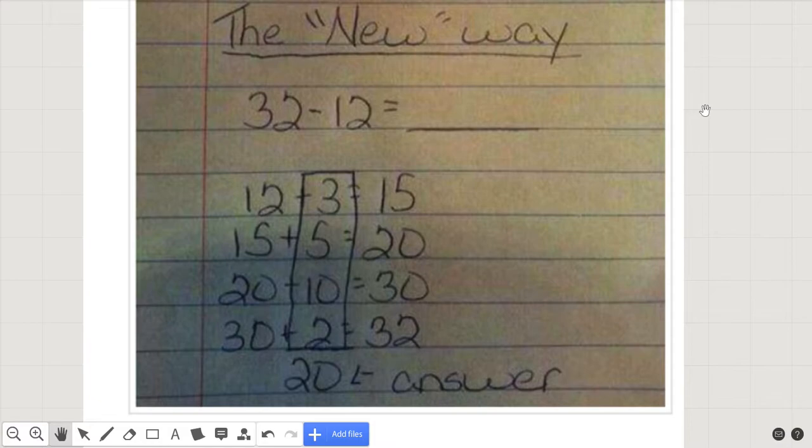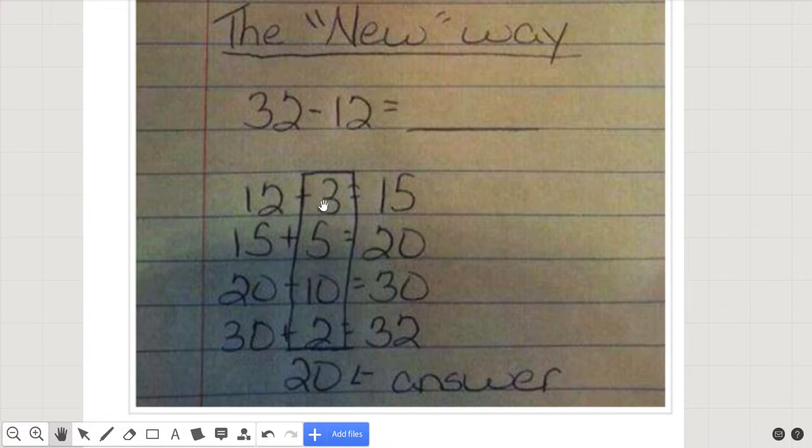Now, what this appears to be to me is a strategy. It's a strategy to do mental math. This is something I would do in a number talks class. So they're starting with the 12, and they're making it to a familiar number.